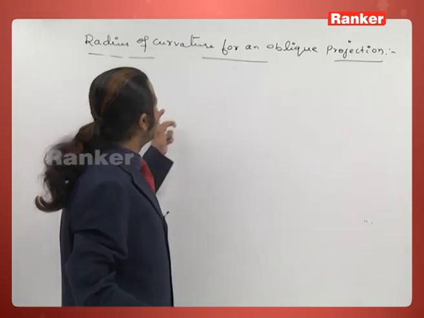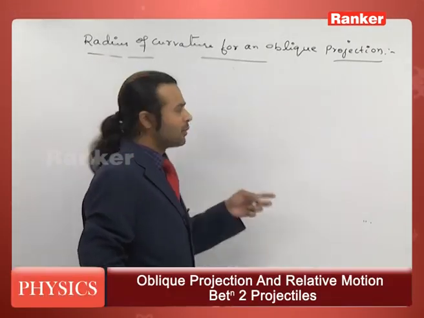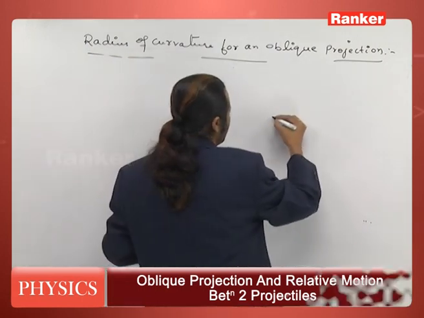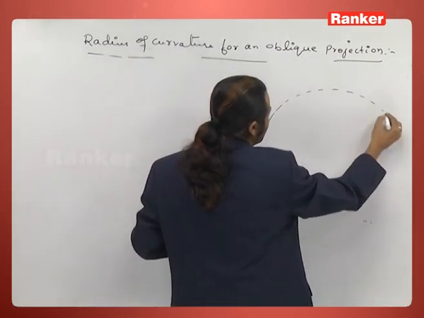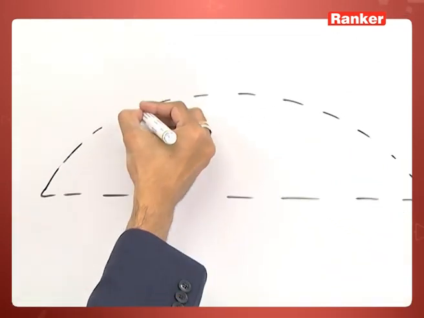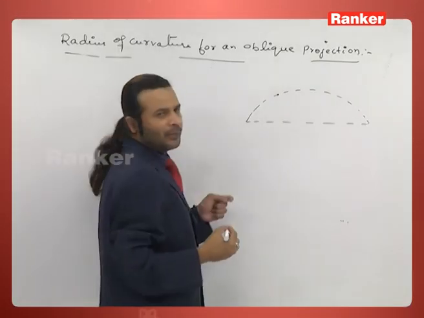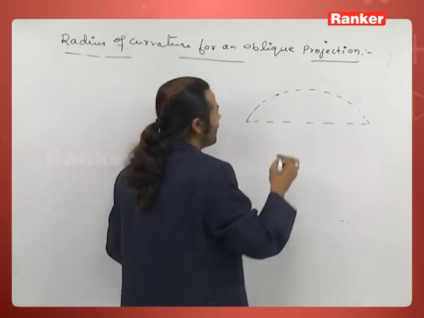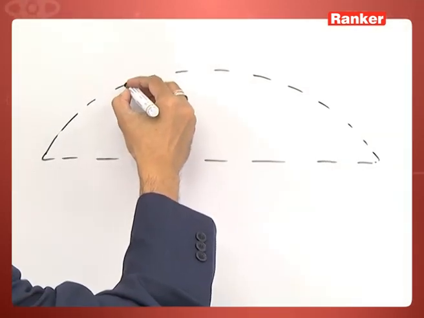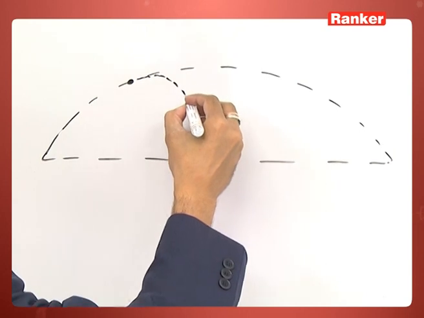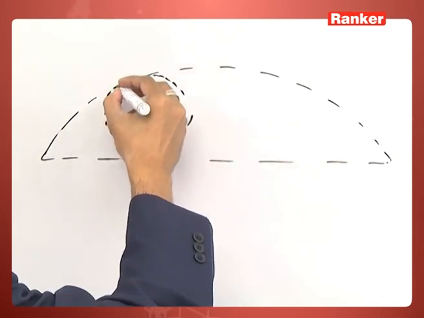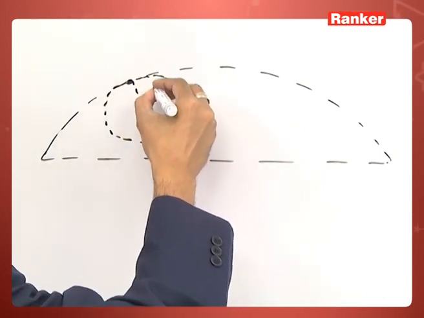Let us have a radius of curvature for an oblique projection. So radius of curvature means at any instant, if the particle is given the freedom, now the particle is trying to say, I want to make a circle of radius of curvature rho.